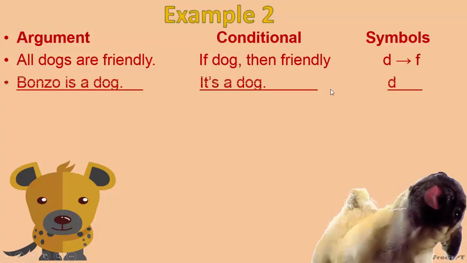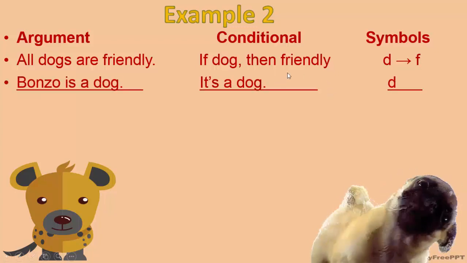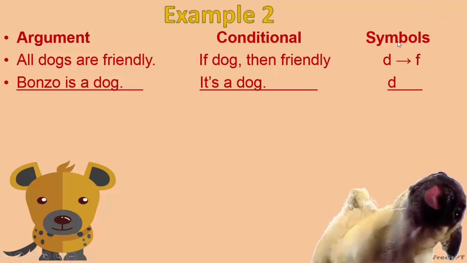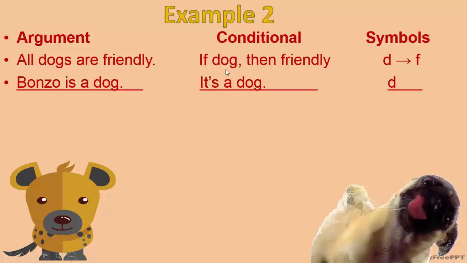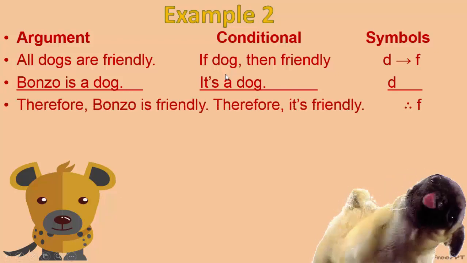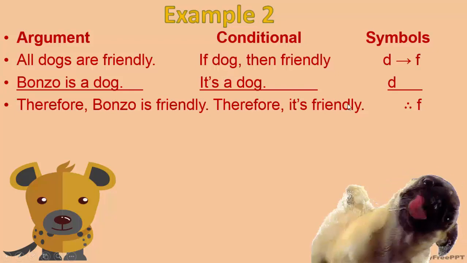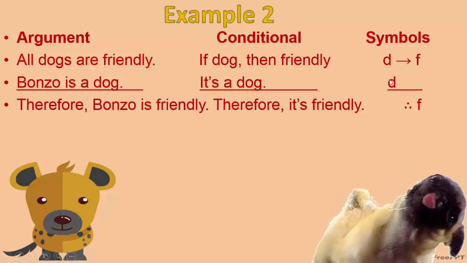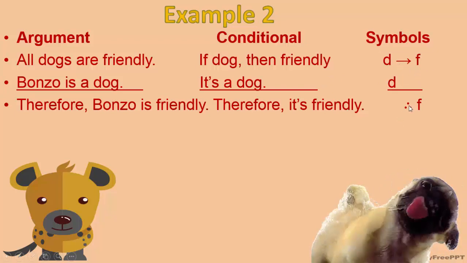Then we have Bonzo is a dog, it's a dog, and then dog. Notice how I just dropped the name, because the name is not so important in the conditional. And then finally our conclusion, therefore Bonzo is friendly. And then for the conditional, therefore it's friendly. And then for the symbolic, therefore friendly.